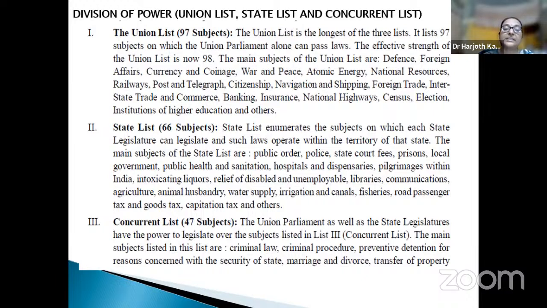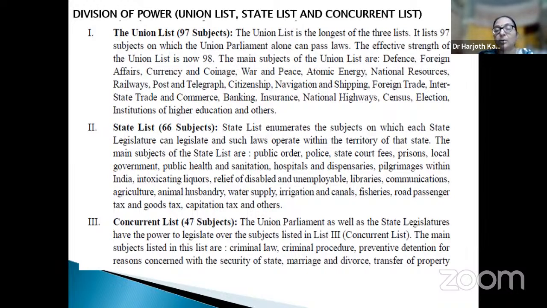Then we have the concurrent list. Here, for these subjects, both the union parliament or central government and the state government or state legislatures have the power to legislate or make policies or laws relating to these subjects, which we call the concurrent list.